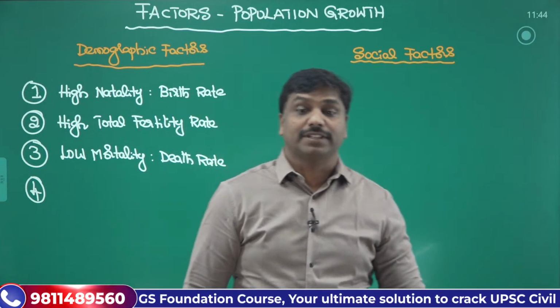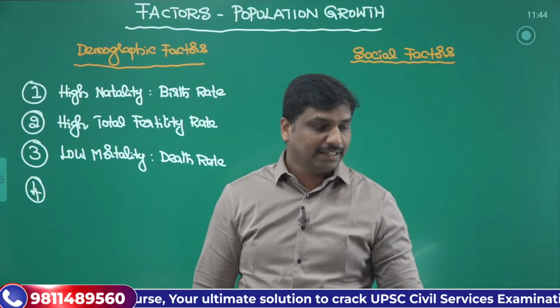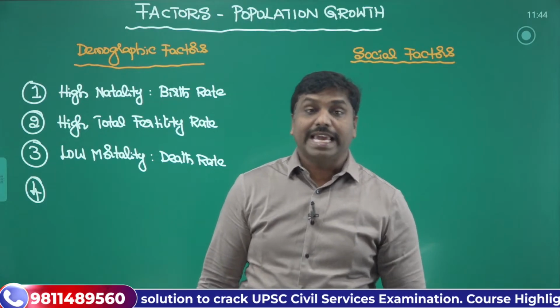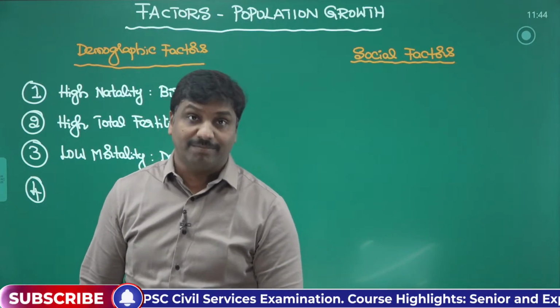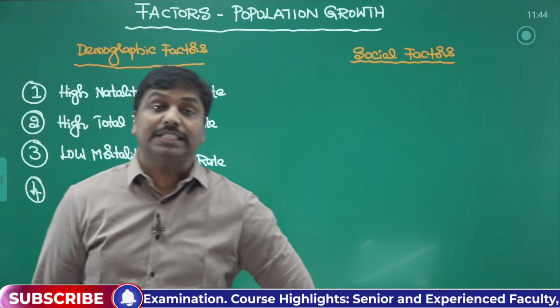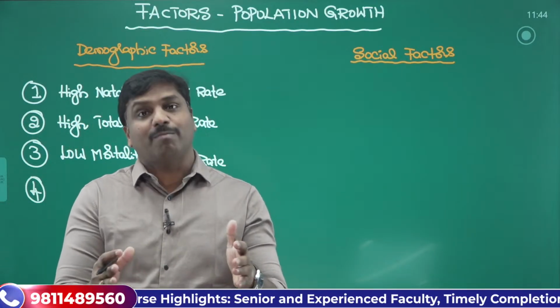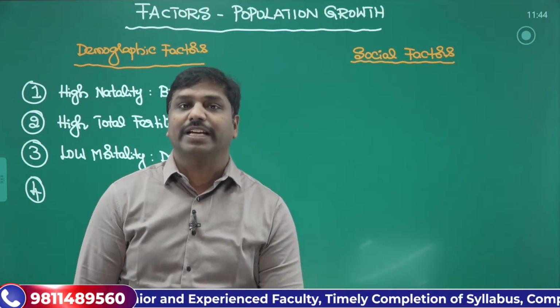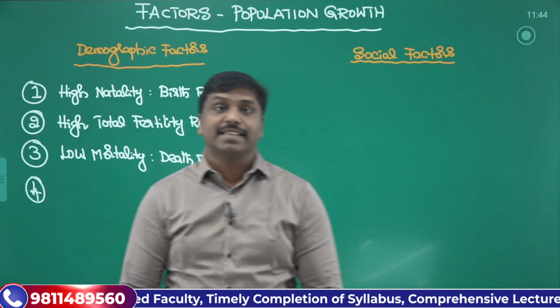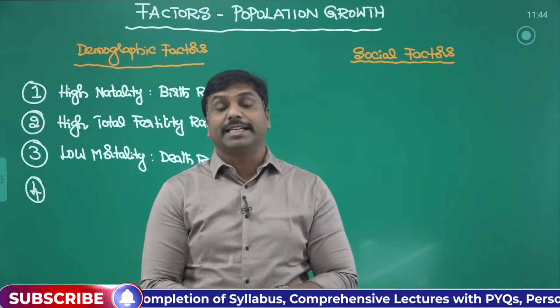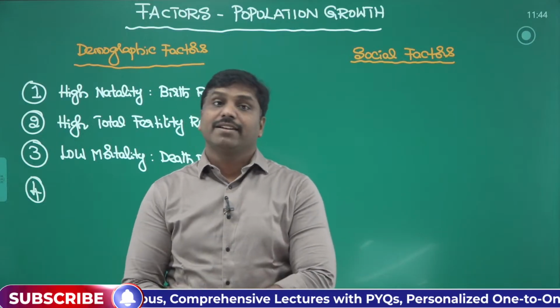So apart from these factors, we have a good population momentum, which we call the demographic dividend. So the working age population is more in India. Currently the working age population means people belonging to 15 to 60 years.